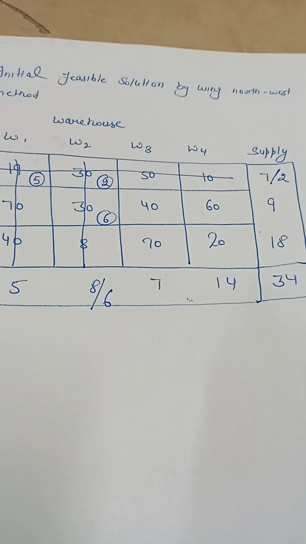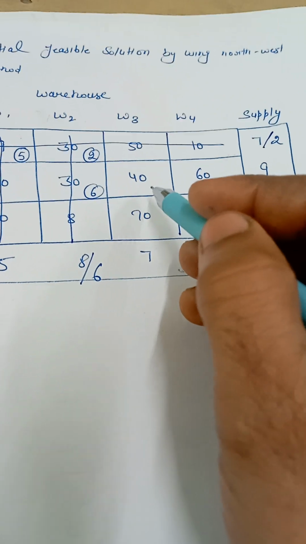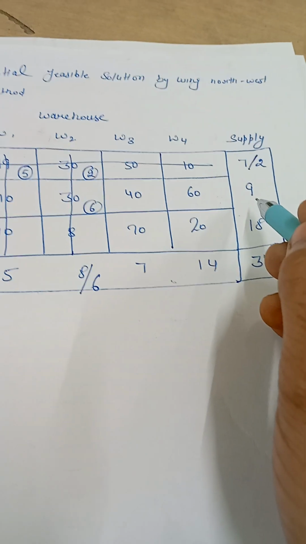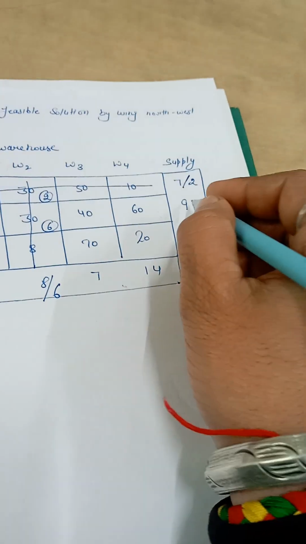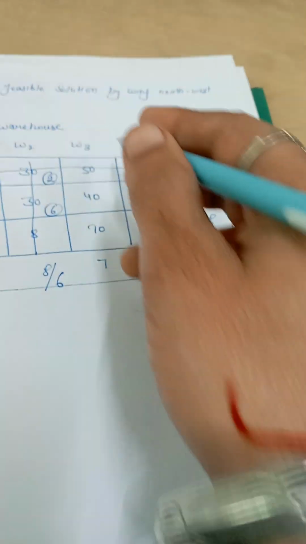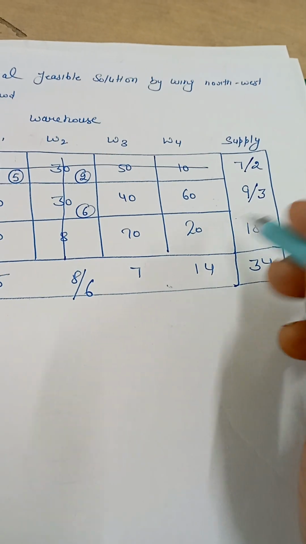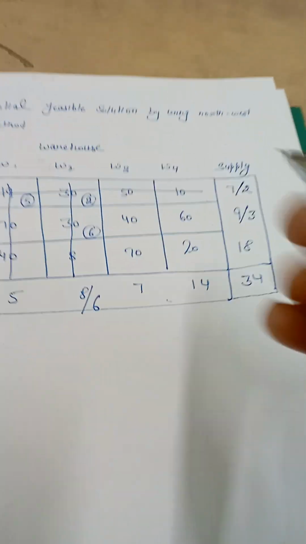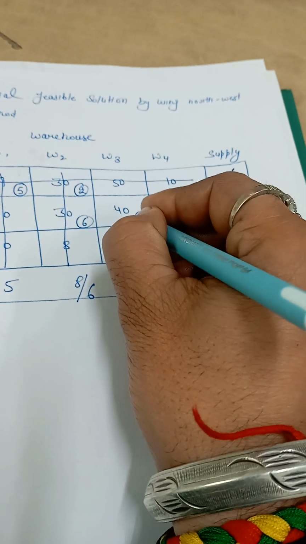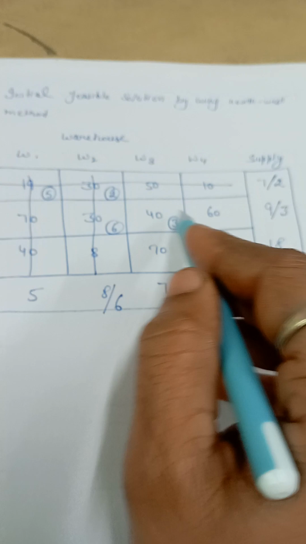Now we move to the next corner, that is 2 3. Here supply is 9 but 6 is already given, so the remaining is 3, and demand is 7. Here supply is less than the demand, so we put the value 3, and now the supply of the second row is satisfied.